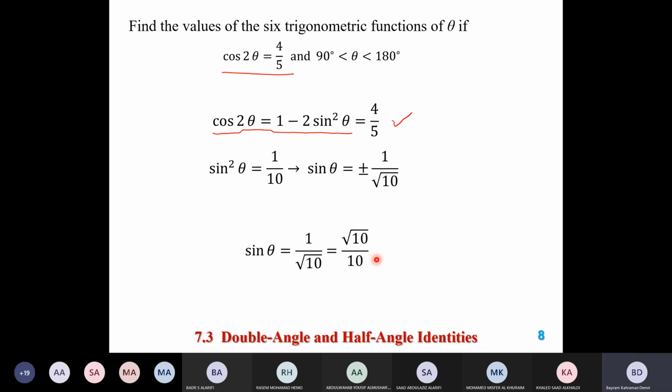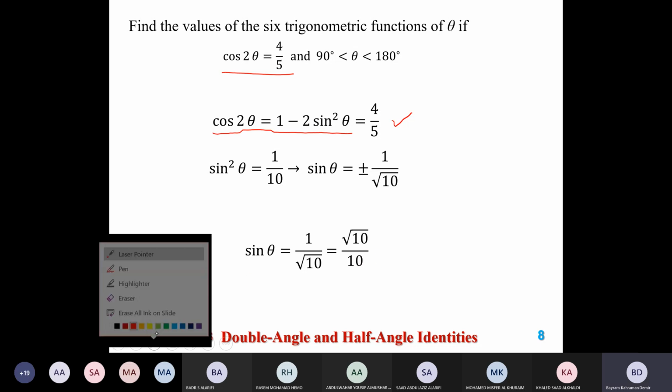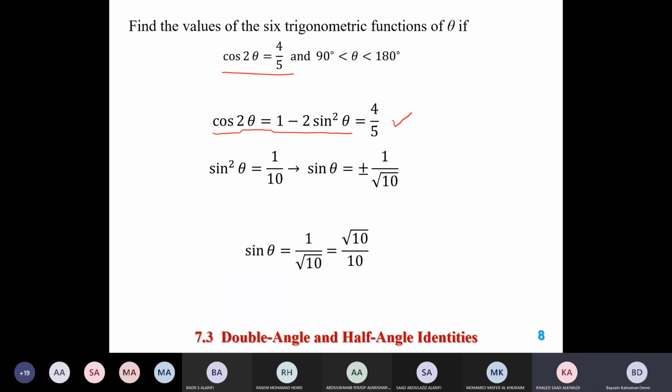And if somebody likes to calculate cosine theta, well, you can still use the same formula, or you can use a triangle. The same thing is equal to 2 times cosine square theta minus 1.